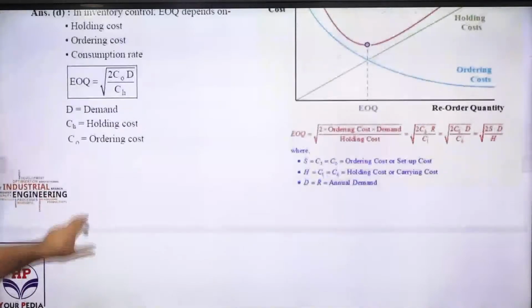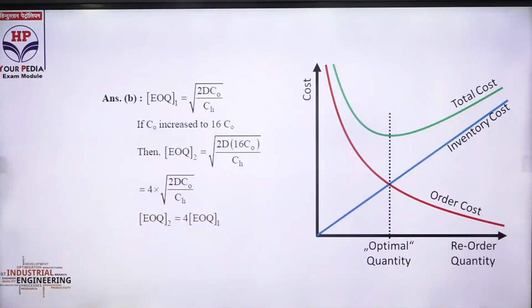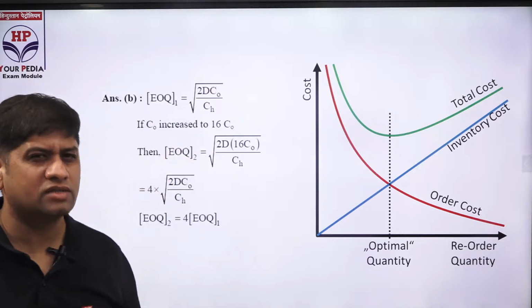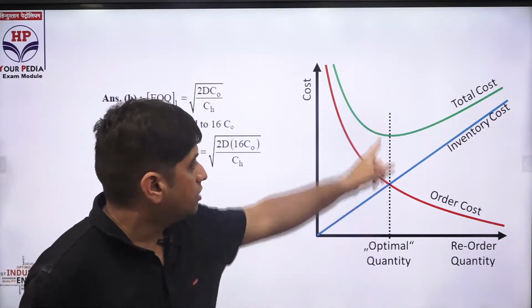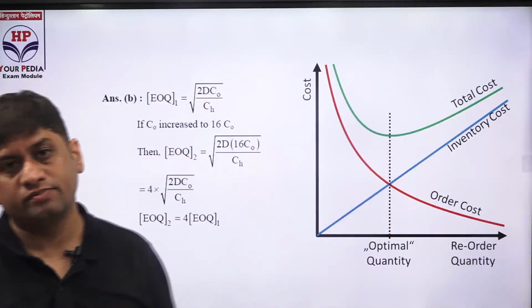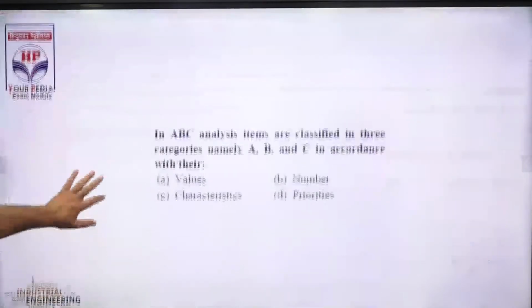If you see this formula, C naught becomes 16 times C naught, so economic order quantity becomes 4 times. It's very simple. If you know this formula, it is very simple for you to calculate. And since you do not have any calculator, understand that very simple calculations will come. Remember that this economic order quantity is an optimum order, at which the cost is minimum. So this is going to give you the optimum level.